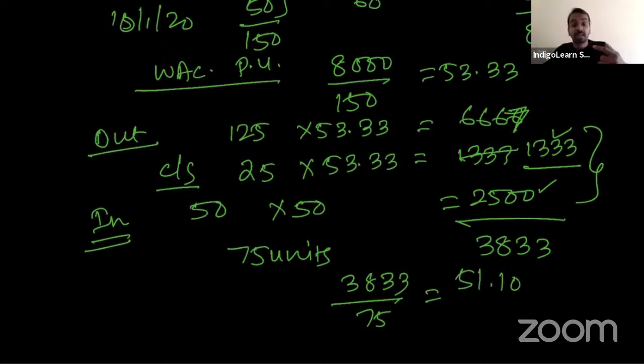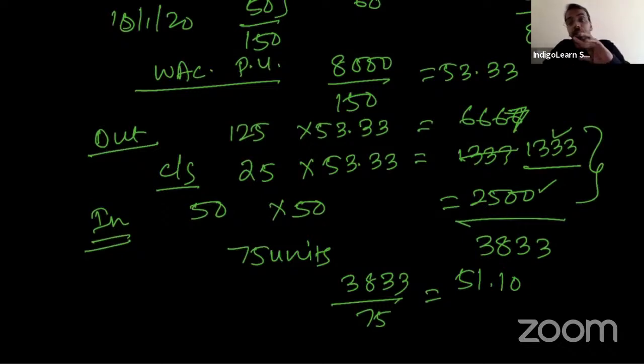So like this, you will keep on updating the rate whenever we talk about weighted average costs. Closing stock was 3833. Okay, so this is how we do.